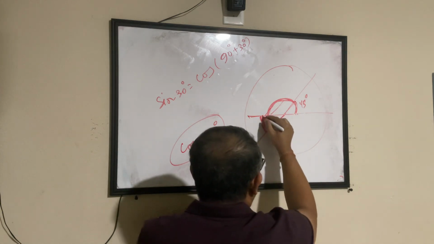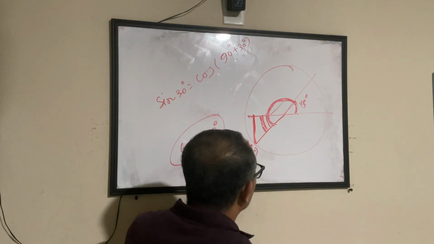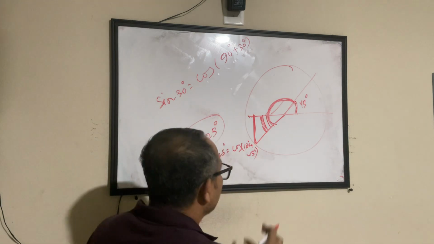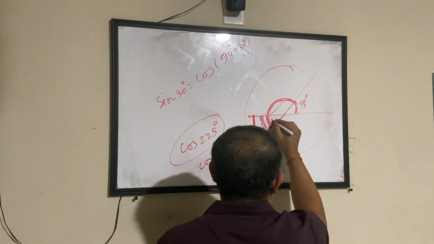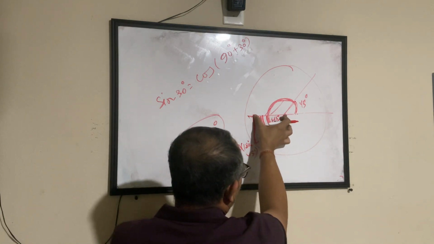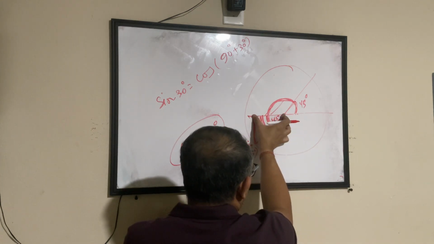So how will you find out the value for cos of 225 degrees? Here this is your theta, which is nothing but 45 degrees. And what happens in case of cos? This is your x coordinate and this is your y coordinate. Your x coordinate becomes negative.